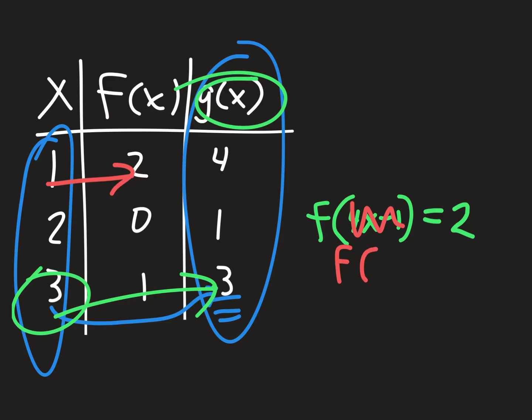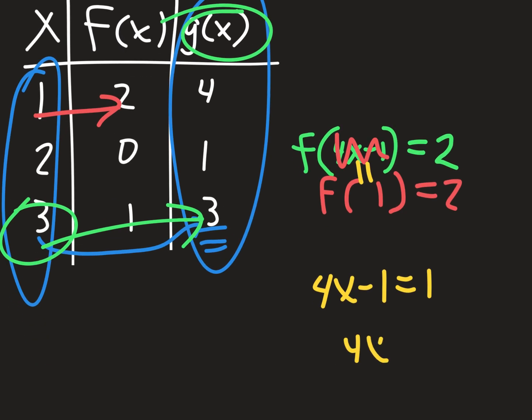I'm just going to write it right underneath. And then you can tell that these must be equal to each other. So 4x minus 1 needs to equal 1. So 4x needs to equal 2. I added 1 to both sides. x equals 2 over 4, which is 1/2, or 0.5. Who got 1/2? Okay, awesome.